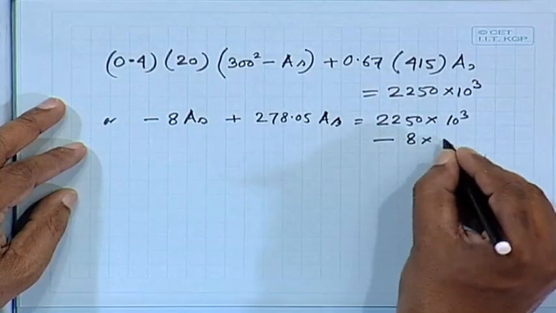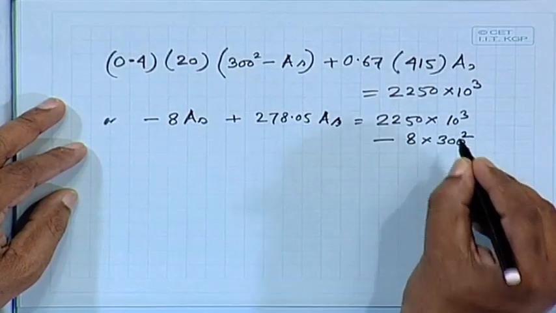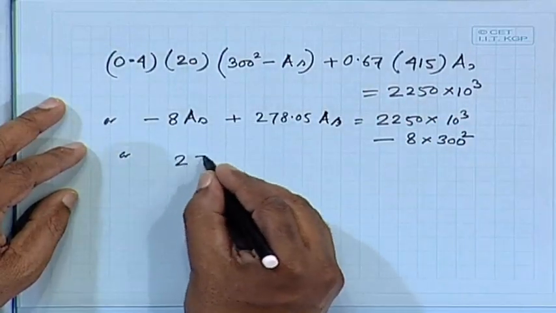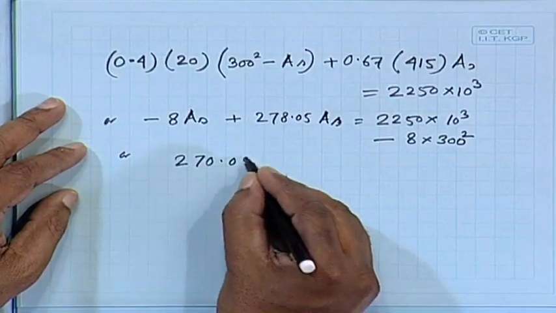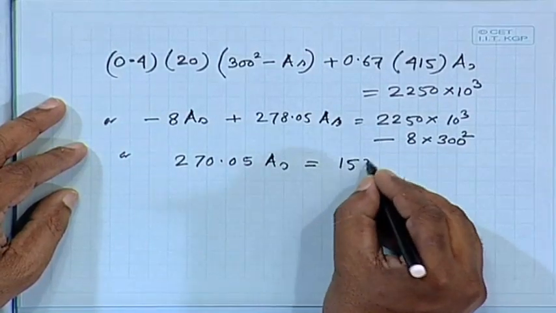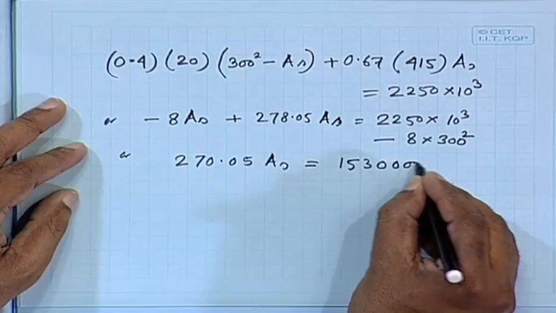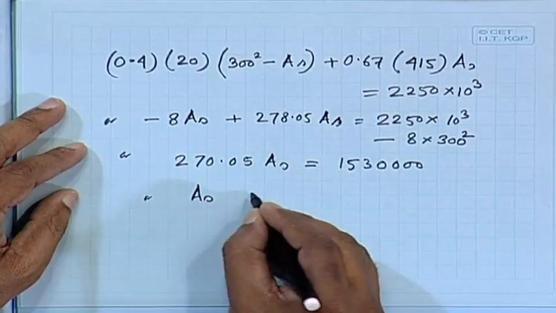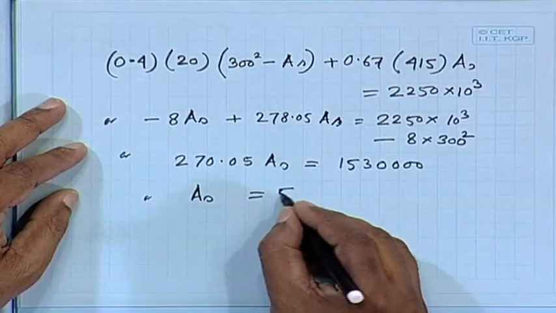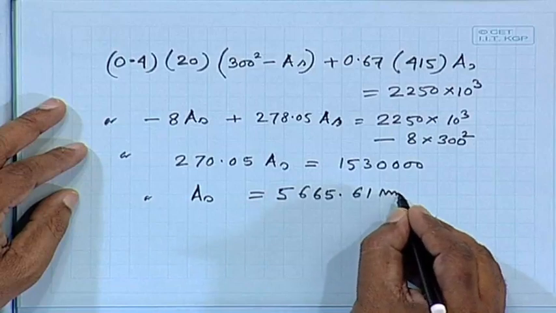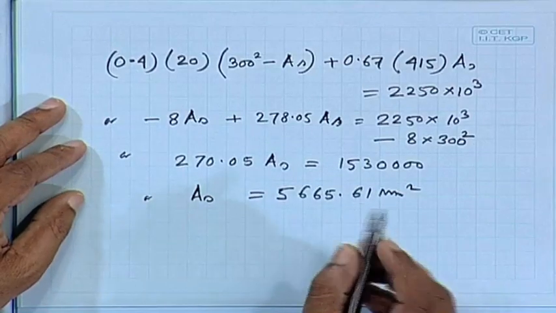Taking this side, 270.05 As equals 1530000, so the area of steel As will be equal to 5665.61 millimeter square. Let us say 5665.